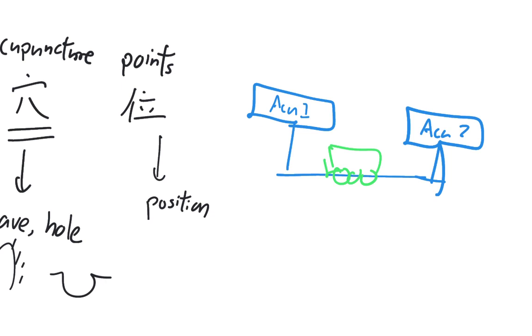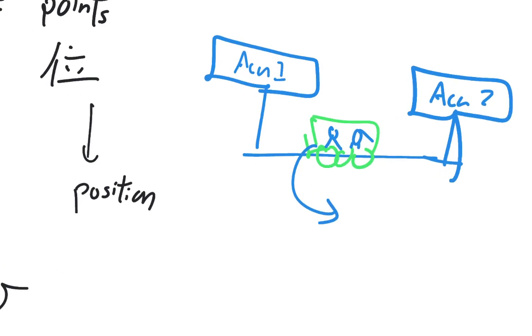Inside the trains, we have people, passengers. These passengers are the qi, the blood, and the vital substances.